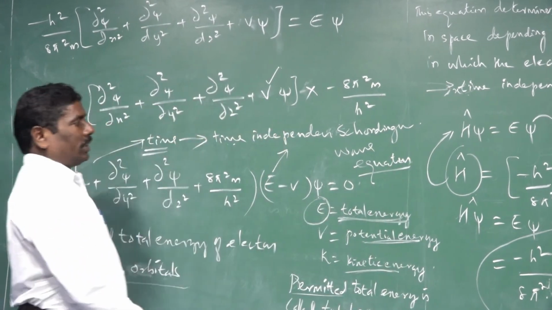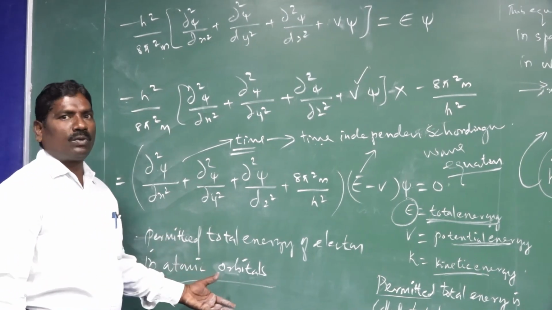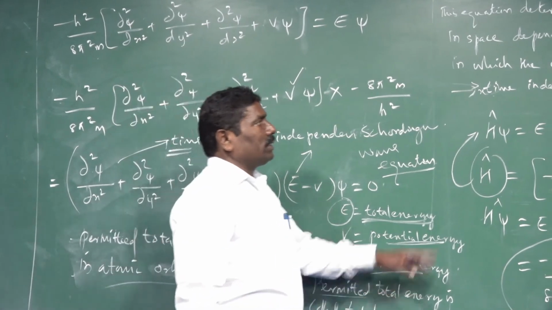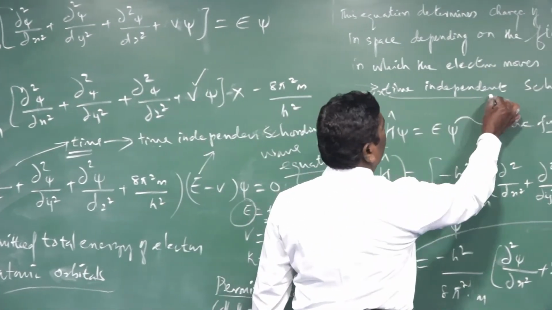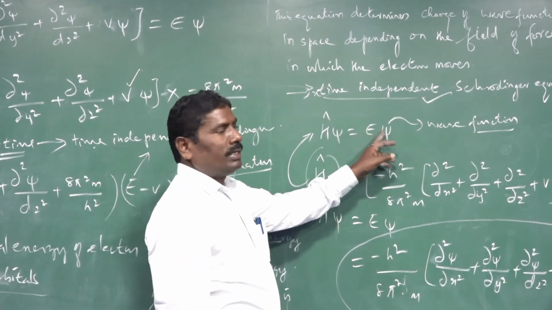Next, by using all these concepts, in the next session we are going to study the quantum numbers. This equation is the time independent Schrodinger equation, H cap psi is equal to E psi.